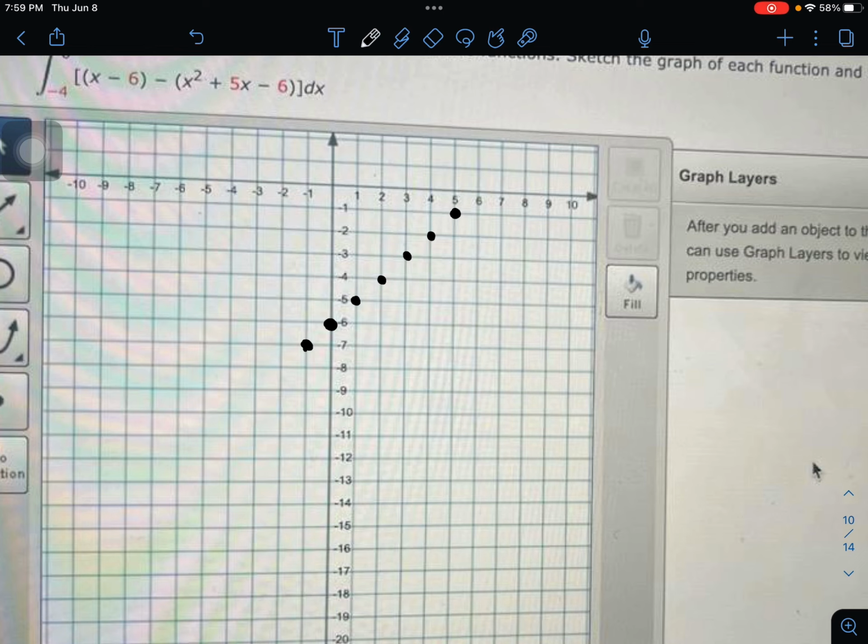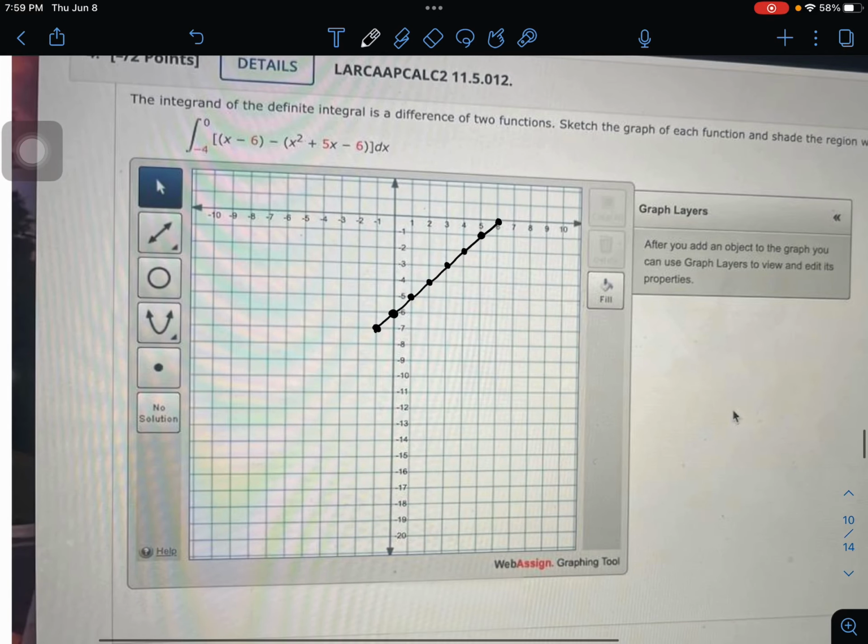It's going to be that right there. And we go up 1, right 1, right here. You don't need that many points. Obviously, for a straight line, you only need 2 points. But I'm going to connect these points right here. Connect those. Well, you know, it should be straight, but that's okay. And that's the graph of x minus 6.